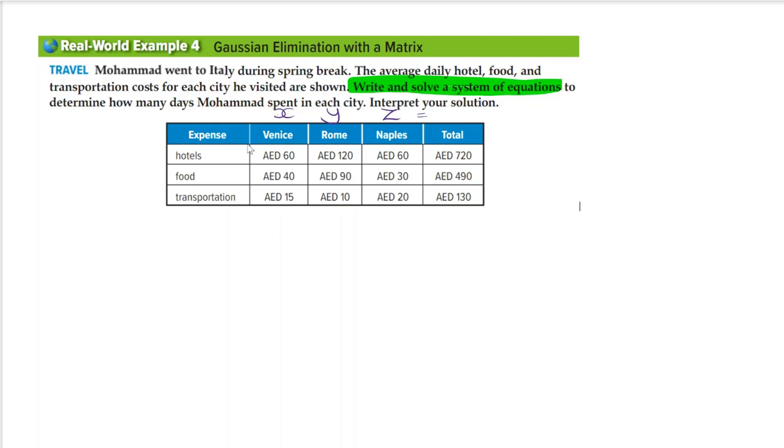So let's write a system of equations, and we're going to use the values that we have here. So we have 60, 40, 15, 120, 90, 10, 60, 30, 20, 720, 490, and 130. So we have 60x plus 120y plus 60z is 720.